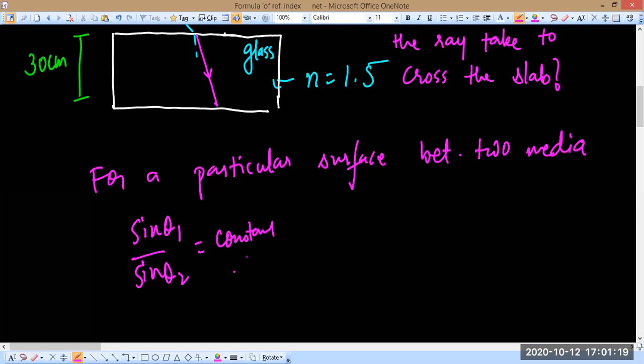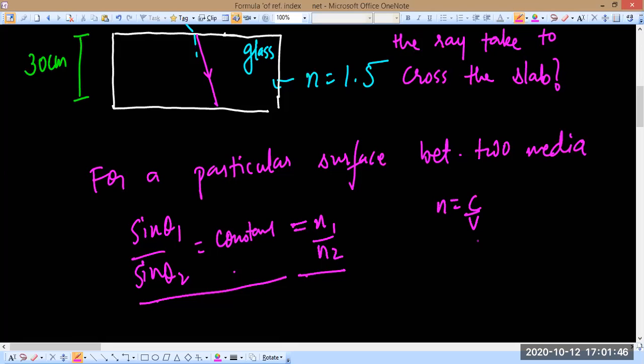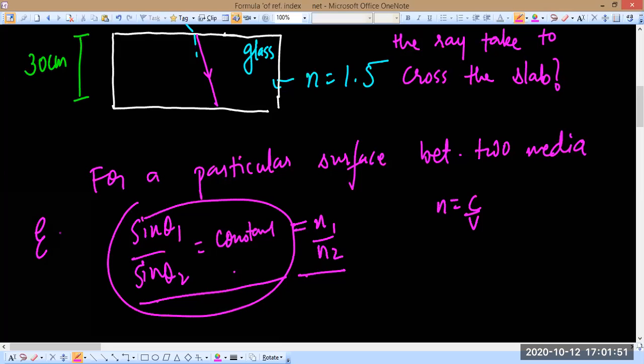So based on this, you are writing this as equal to n1 upon n2, right? But what I'm saying is the main part of the Snell's law is this, which you can never prove by theory based on whatever you have studied so far. આ તો તમે એમને n equal to c by v define કરી નાખ્યું અને પછી લઈ આવ્યા. This is experimental.